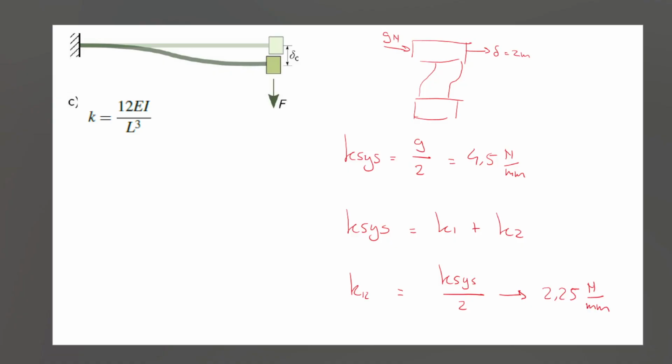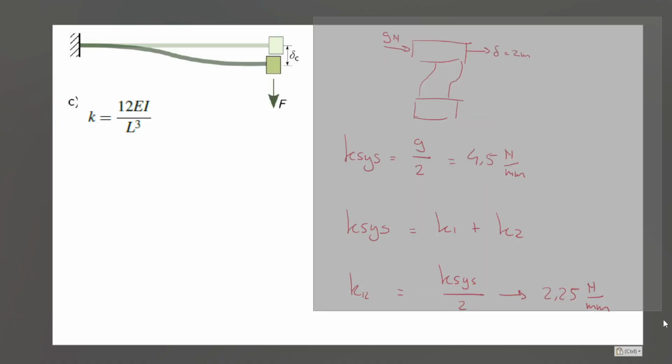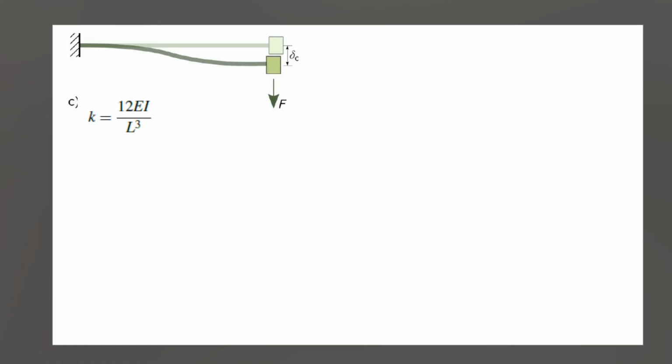That's just a little bit of a side note, so let's delete all of this. Just write down 2.25 newtons per millimeter is K. That is something we can fill in over here. We know 12E.